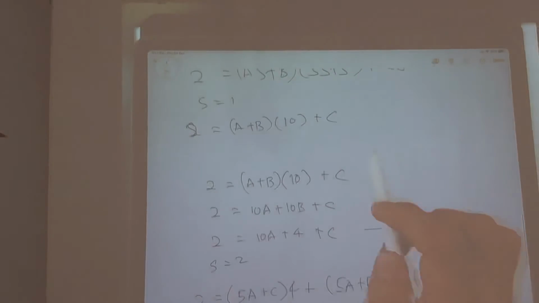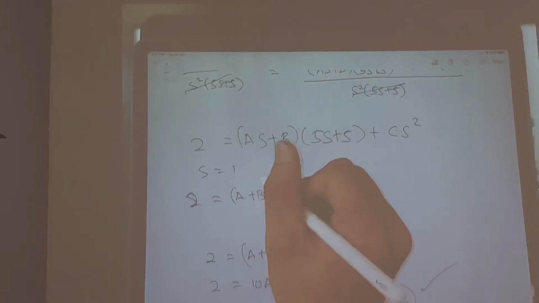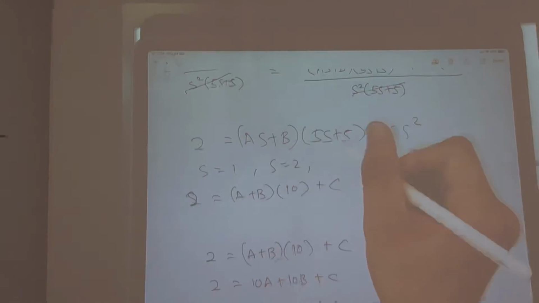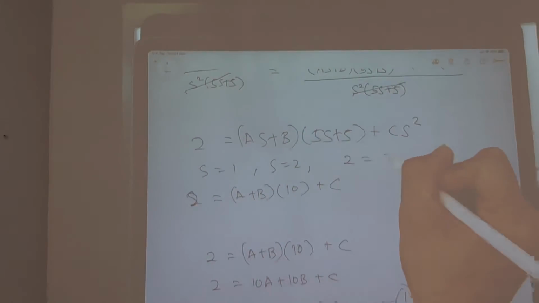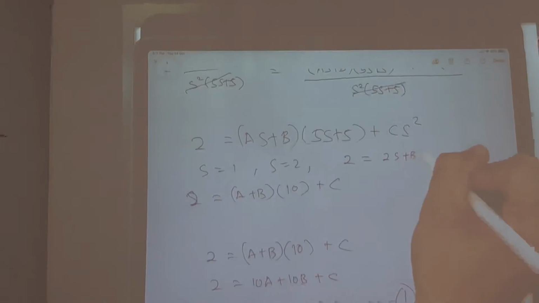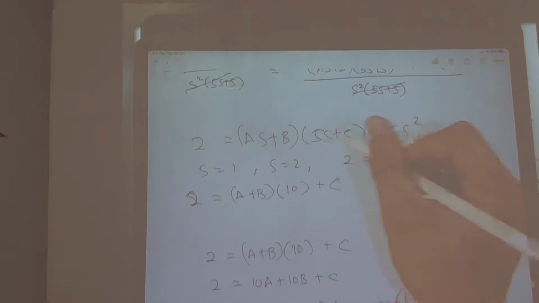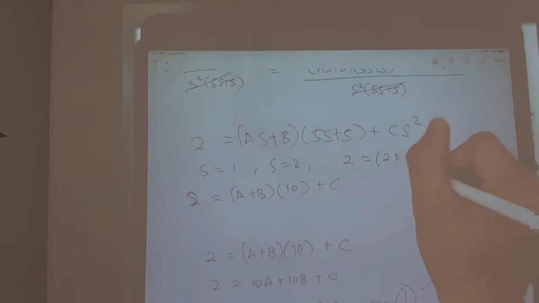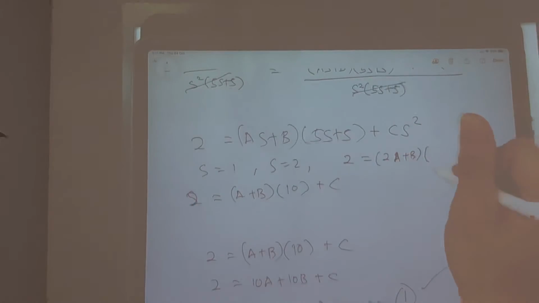This is equal to this equation, correct? So if s equal to 2, I have 2 equal to 2a plus b multiply 10 plus 5, yes. Then 4c, correct?